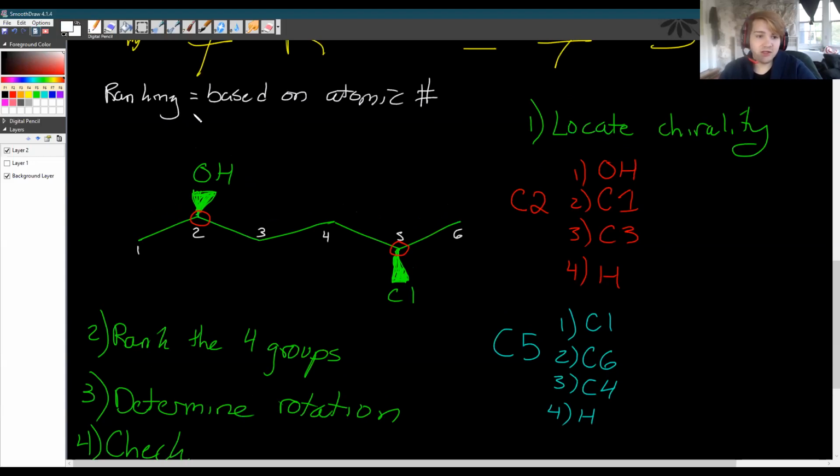And what I'm going to tell you is that it's first point of difference. And we're going to do a problem in a second where this is going to be a little bit more evident, but I just wanted to make sure that it was going to be put in the right place. All right. So let's do some ranking, shall we? So look at the atoms that are directly bonded to carbon 2. And you know what? I'm going to need more room. So I'm just going to copy this.